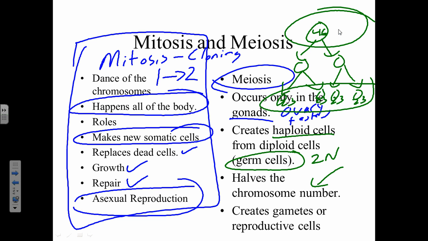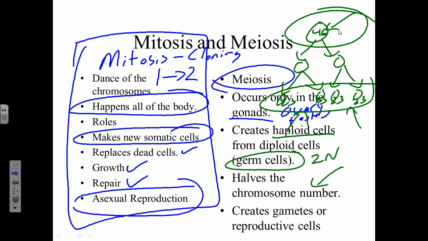And what's 23 times 4? 92. So the math does add up. It's just that this cell normally has 46 chromosomes, but just before meiosis starts, those 46 get copied. So it really becomes 92. The cells divide twice each, and we end up with 23. These cells grow up to be sperm or eggs. That's how we make gametes.